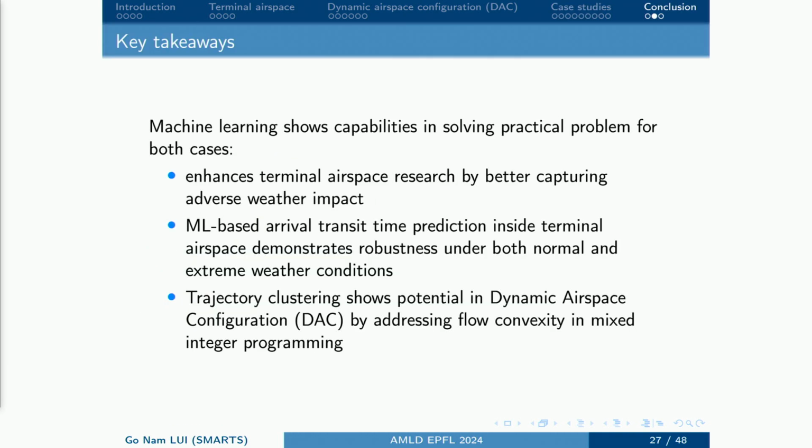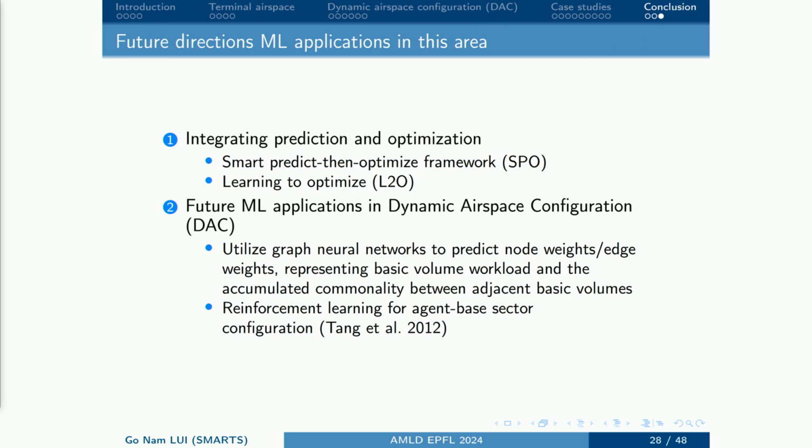So in conclusion, machine learning shows capabilities in solving practical problems in both cases: it enhances the understanding of weather and can also predict the arrival transit time, demonstrating robustness under normal and extreme weather situations. The last one is that unsupervised learning also shows potential in DAC in this optimization problem by addressing the flow complexity.